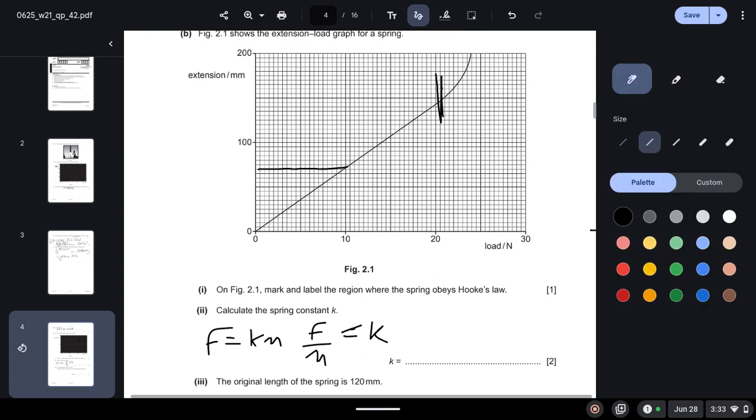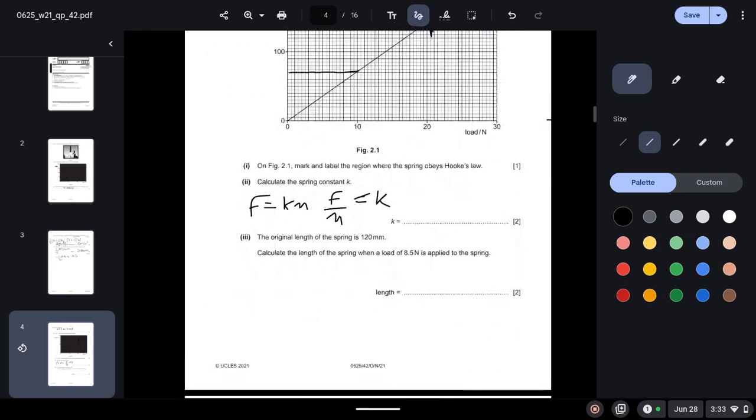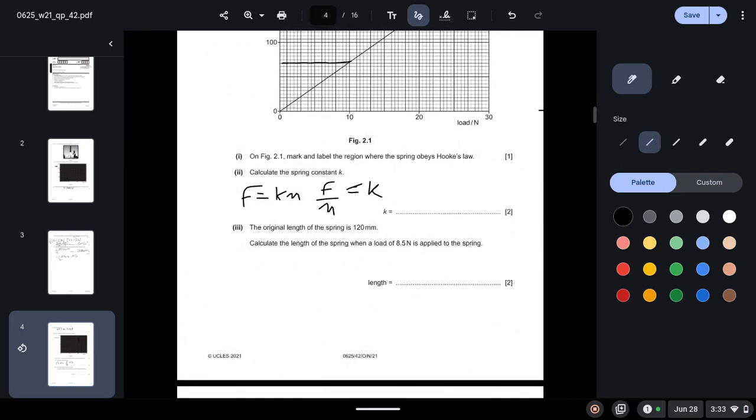This should be approximately 10, 20, 30, 40, 50, 60, 70. This is 70 millimeters when the load is 10.